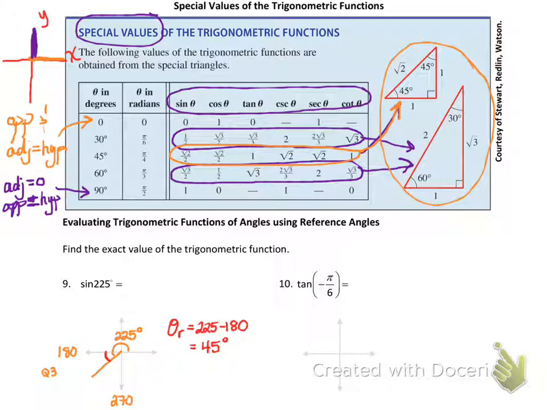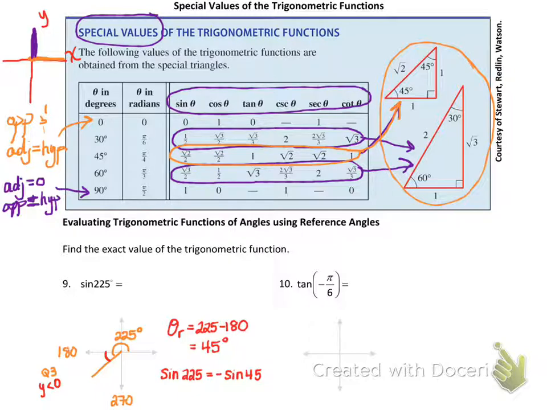So if we have 45, then something else we need to note is that our y value here is going to be less than 0, meaning sine is less than 0. So sine of 225 doesn't equal the reference angle, it equals the negative reference angle of sine of 45 degrees.